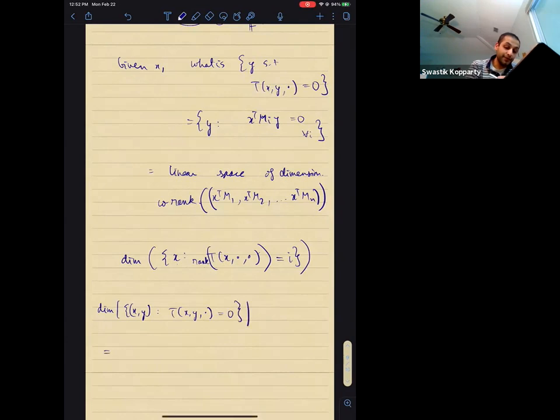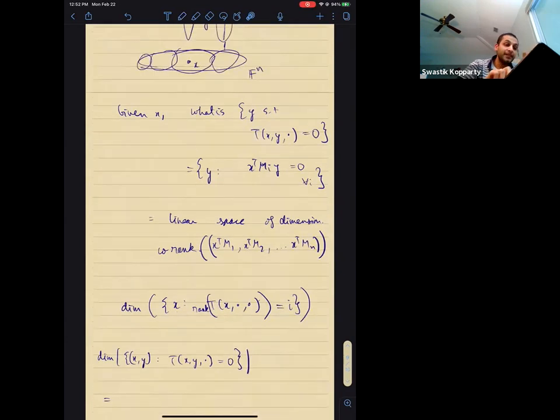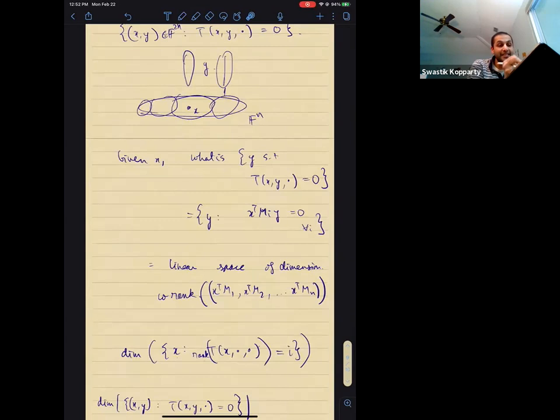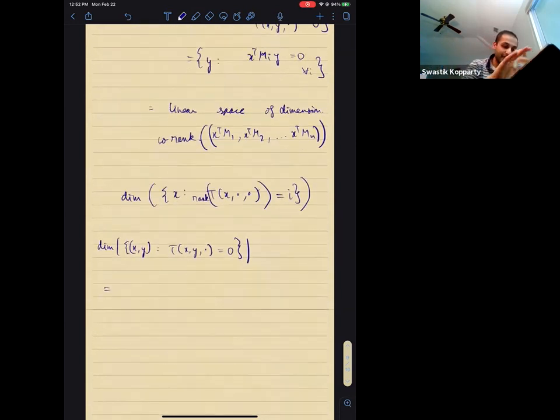is equal to, okay, so we break up this thing into pieces, and each piece has a dimension. The dimension of a finite union of, not varieties, but things, is the maximum of the dimensions of those things. So I write that down.